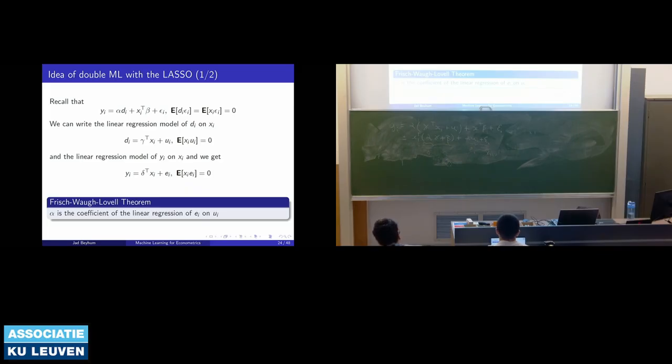Is there a reason why the transpose is put on? There is no particular reason. What you should know is that X_i' beta is a scalar, a real number, so its transpose is itself. So sometimes I write delta transpose X_i, sometimes X_i transpose delta, and that means the same.